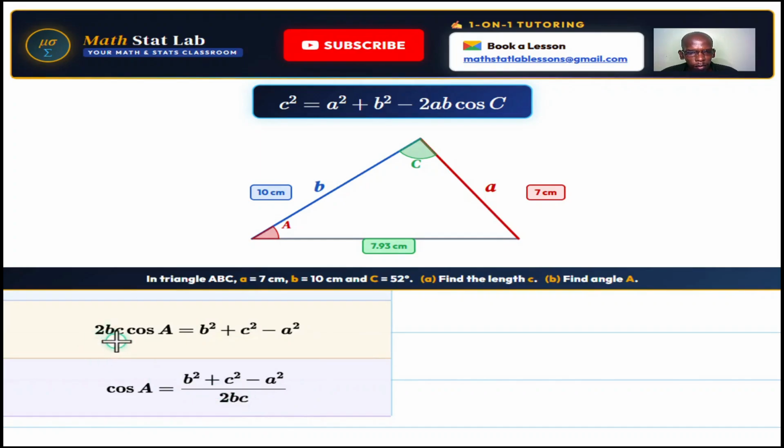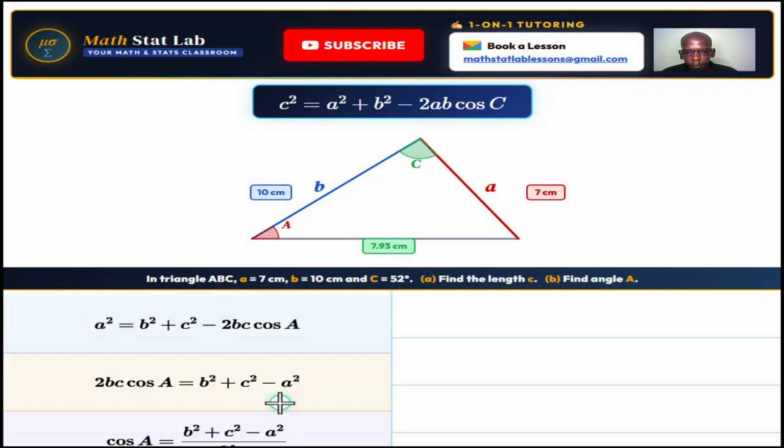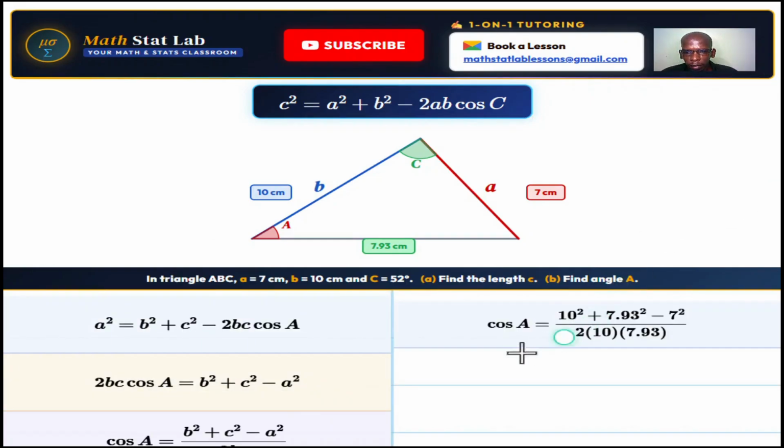I divided by 2bc on both sides, so that it will cancel out from this side. So now I have cos A is equal to B squared plus C squared minus A squared divided by 2bc. Then from there, we have the real values now.